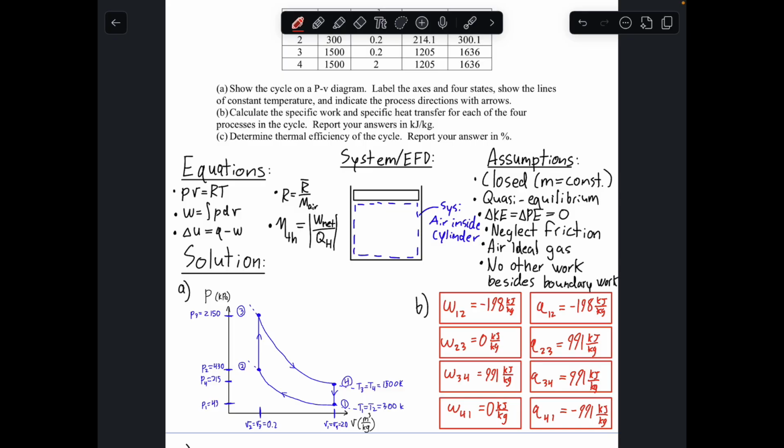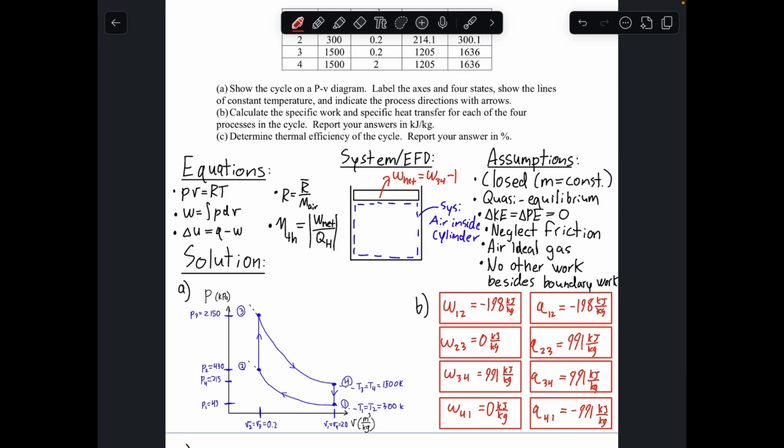So starting with work, we have some net work out of the system, which is going to be equal to the positive work we get from 3 to 4, because we have positive work from 3 to 4, but then 1 to 2, we have negative work, because from 1 to 2, it's a compression process, so this piston is doing work on the gas, but then 3 to 4 is an expansion where the system is doing the work.